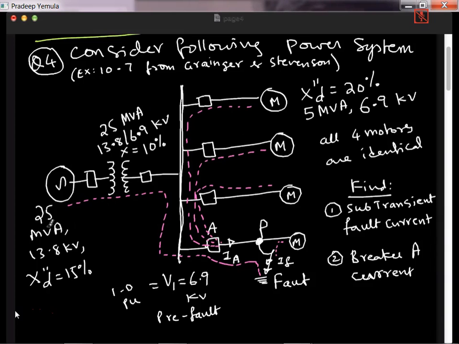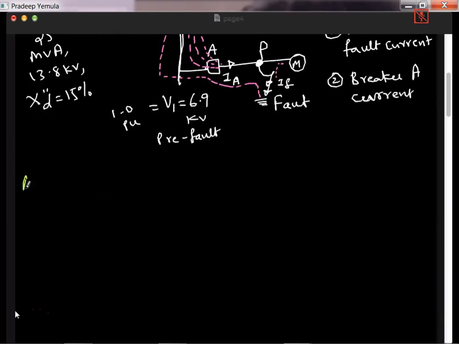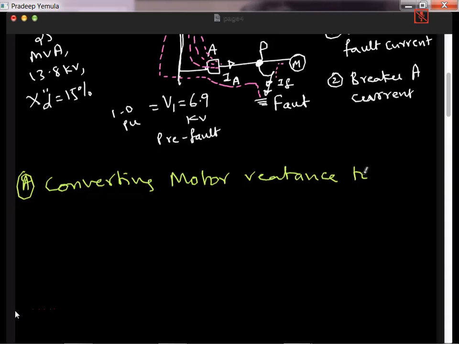So first thing that you notice is 25 MVA, 25 MVA. These are all 5 MVA, all 4 motors. So first you convert all 4 motors into a common base, that is 25 MVA. So 5 MVA becoming 25 MVA, the reactance will be multiplied by 5 times. There's no problem with the voltage because we are anyway following the proper transformation ratio. So step 1 is converting motor reactance to system base.